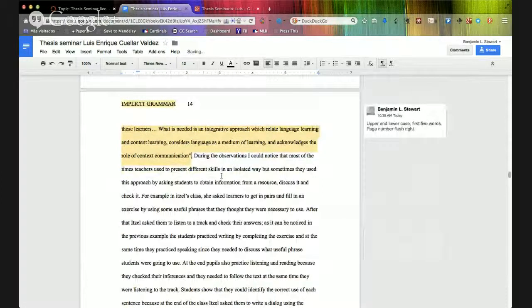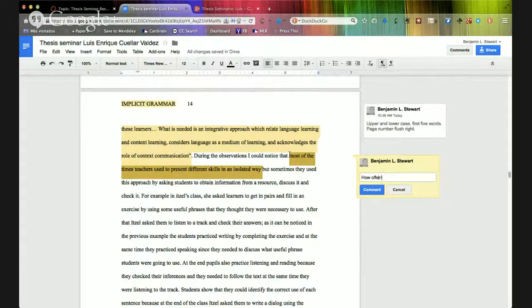Now here, during observations, I can notice that most of the times, teachers used to present different skills in an isolated way, but sometimes provide examples. Be more specific.